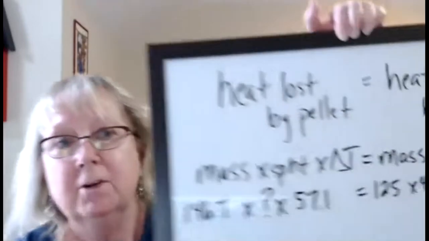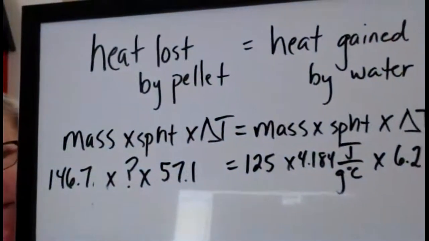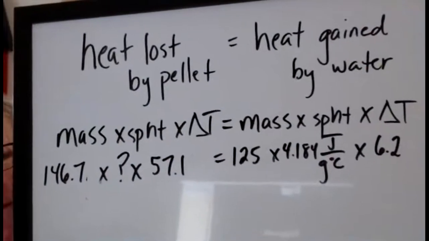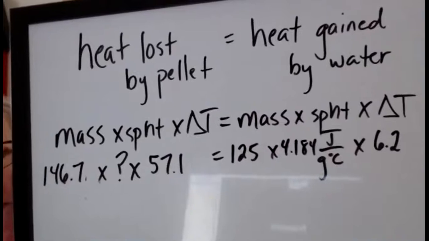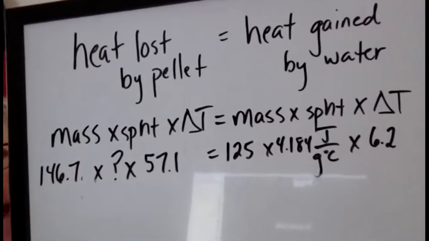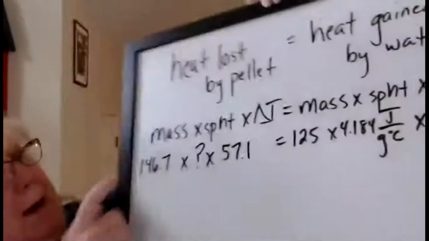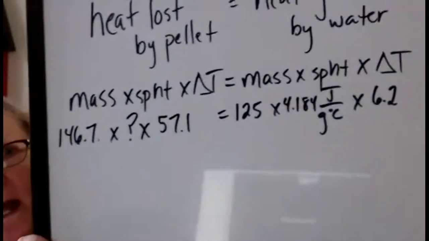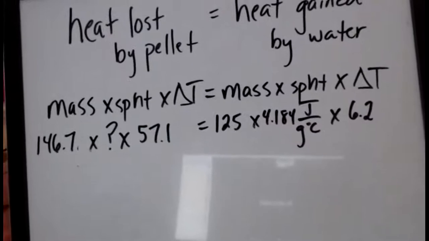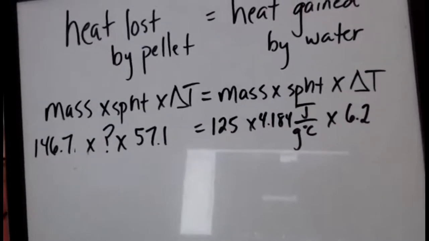So the only unit I have left is that specific heat unit. If I multiply the right side together and then divide by the 146.7 and divide by the 57.1, I will get the answer for the specific heat of the pellet.